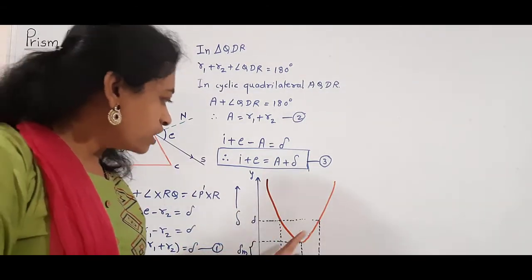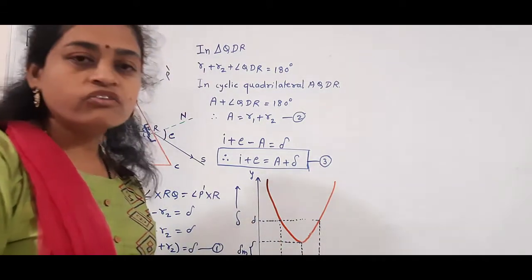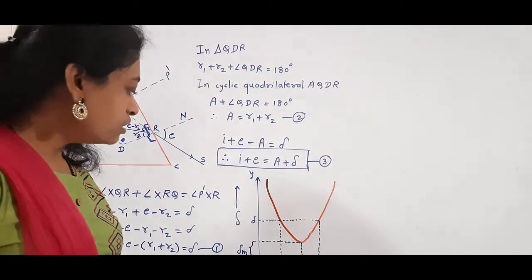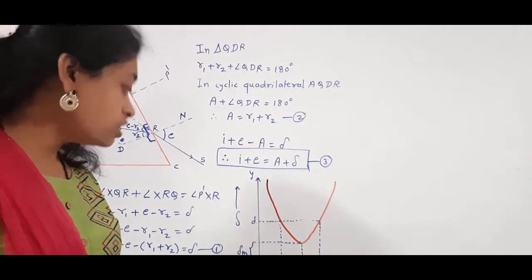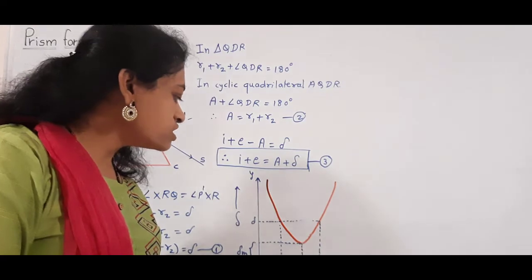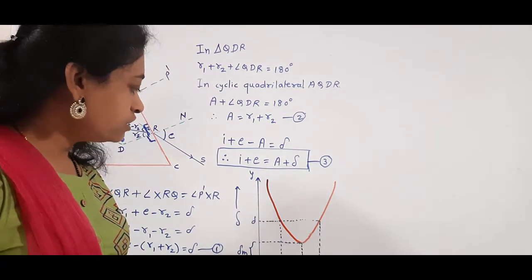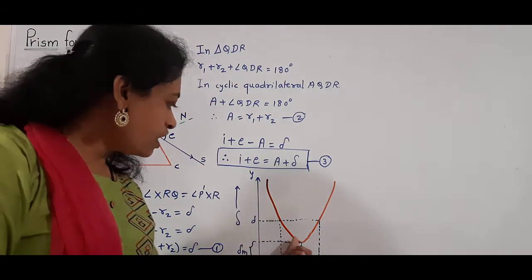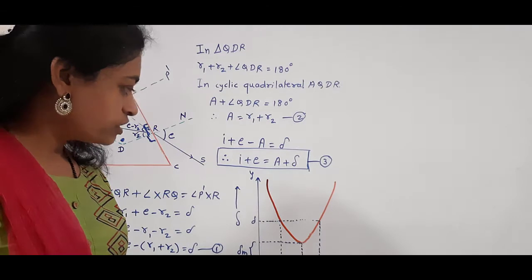Here on the graph, for one delta we will get two angles of incidence, but at delta m, that is the minimum deviation position, we will get angle of incidence equal to angle of emergence. And here delta m is the angle of minimum deviation.